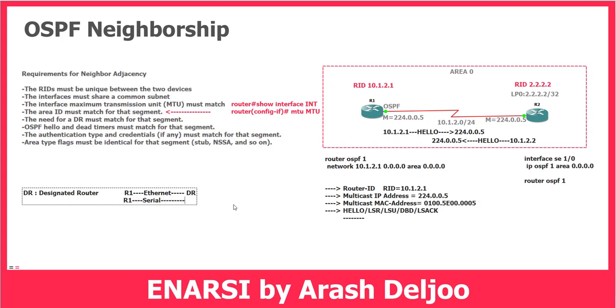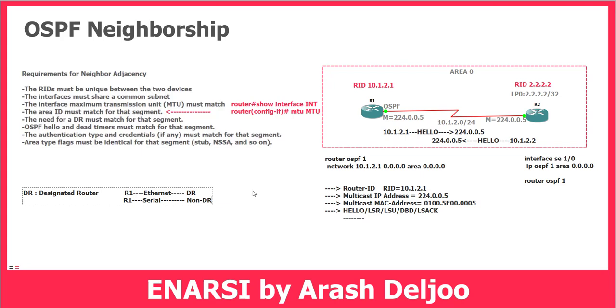Here you can see a requirement: if on one side we need the selection of the DR, on the other side of the neighborship we also should have this same requirement, that the DR should be selected. Or if on one side we don't need to select the DR, on the other side we should also have the same condition.